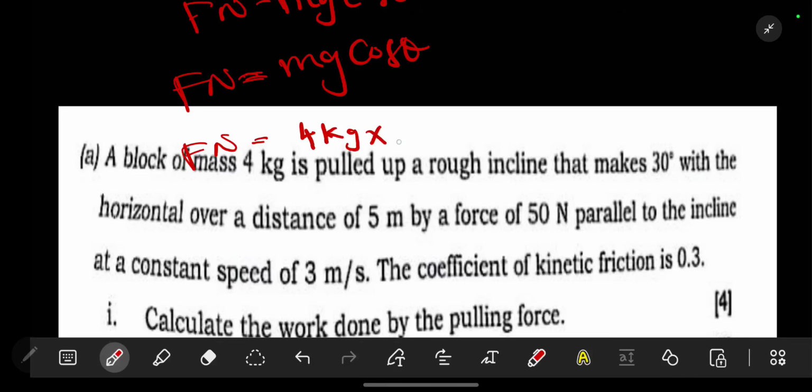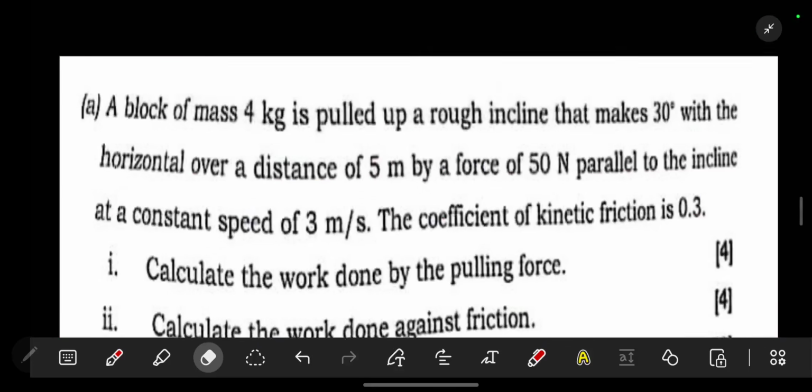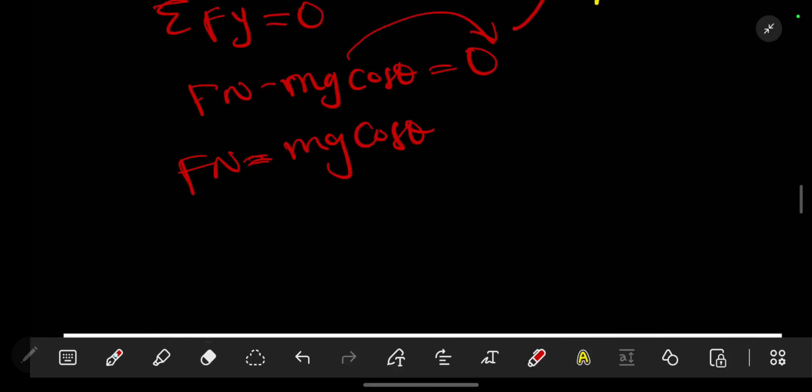Let's just substitute directly. Knowing that our frictional force is equal to mu k times the normal force, which is mg cosine of theta.